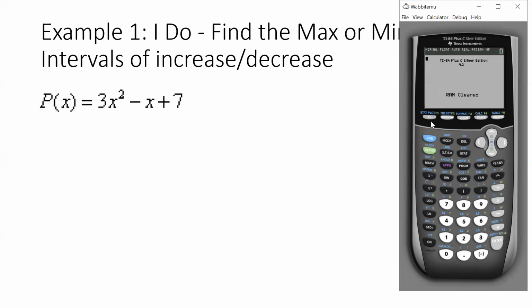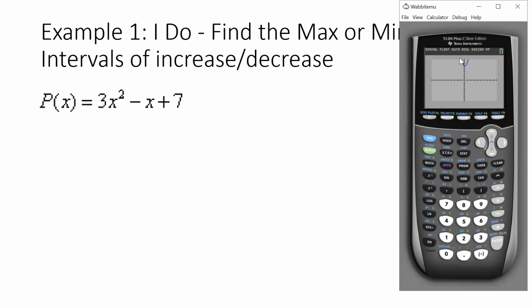And now I'm going to go to y equals and put it in the graph. So in y equals, I have 3x squared minus x plus 7. Then I'm going to go to graph. And I graph, right? So it says identify our maximum or minimum.